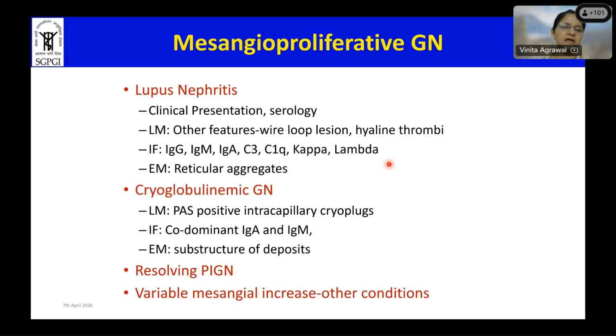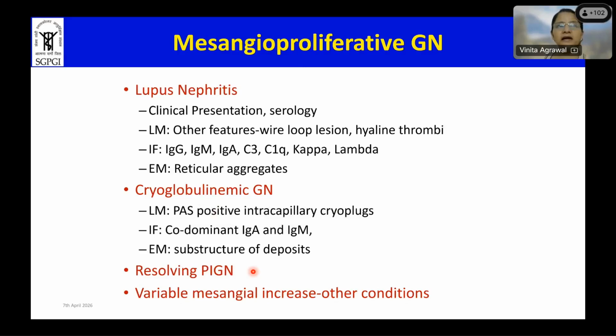If you have cryoglobulinemia, you may have IgA and IgM, but then you start seeing hyaline deposits and intraluminal thrombi, which are cryoglobulin positive. So intracapillary cryoplugs are seen, which are PAS positive, and of course EM will help you. Similarly, if you have a resolving PIGN, that is post-infectious glomerulonephritis, you may just see mesangial proliferation. But in that case, you will have IgG and C3.